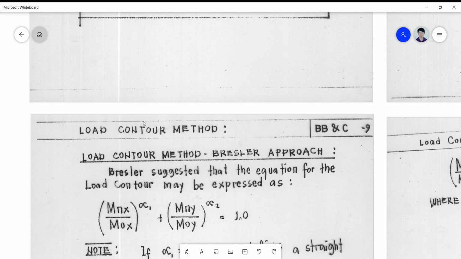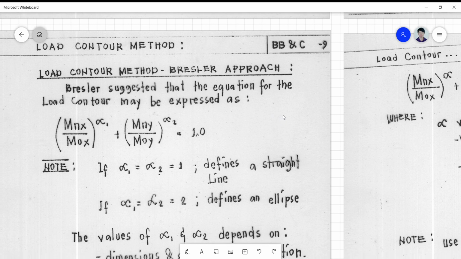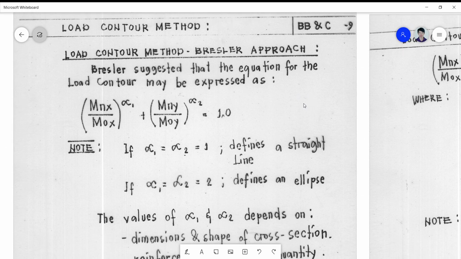Okay, so the second method is again proposed by Bressler, but this time instead of having a reciprocal surface, the failure surface is defined by a contour. So this is called the load contour method by Bressler, and the concept is all about assuming a level of load of Pn.